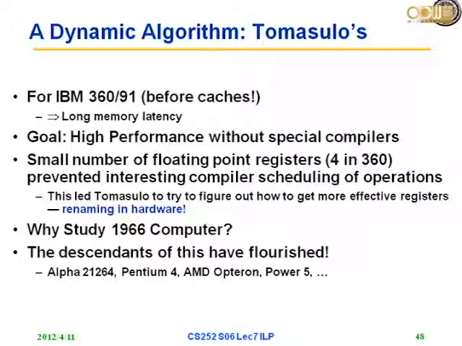It's for that machine in 1966. That machine had very long memory latency half a century ago. No cache was invented yet. Everything had to come from the main memory.